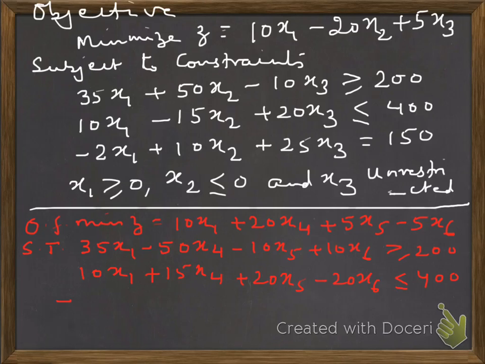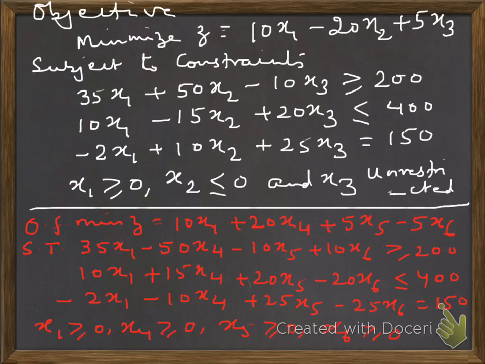Third, minus 2x1 minus 10x4 plus 25x5 minus 25x6 equal to 150, and the decision variables x1 greater than equal to 0, x4 greater than equal to 0, x5 greater than equal to 0 and x6 greater than equal to 0.